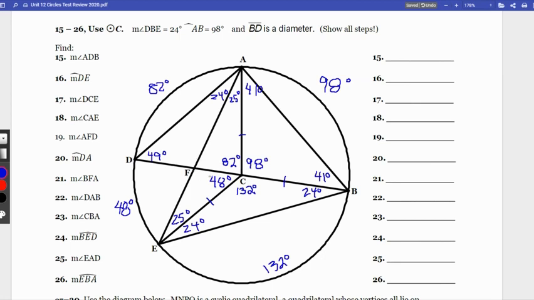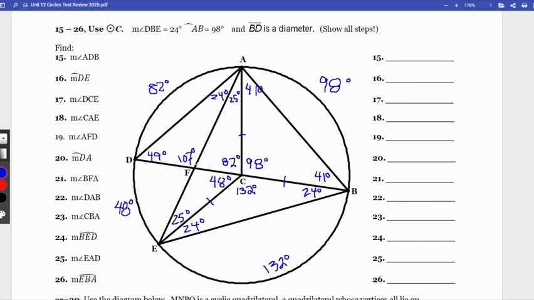I don't even know if I asked about any of those, but I'm going to go ahead and figure that out. I guess it doesn't matter much which one we use, so I'm going to go with this triangle ADF and say that if angle D is 49 and angle DAF is 24, I'll add those together and get 73. And so 180 minus 73 gives us 107.